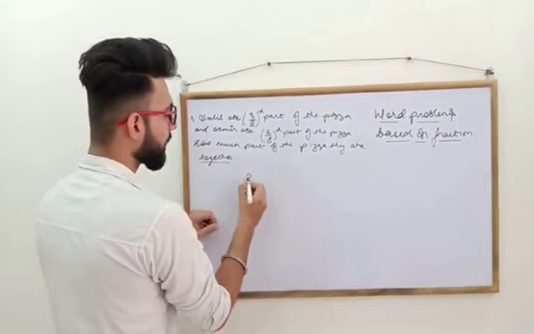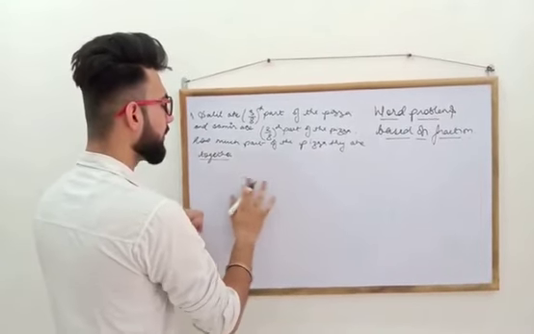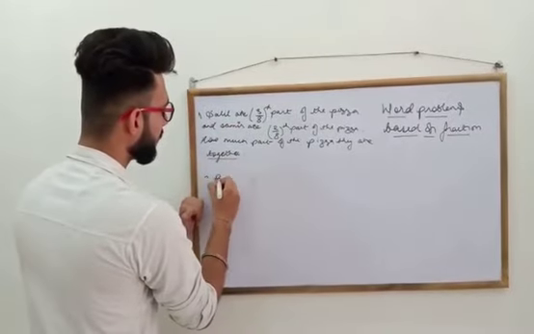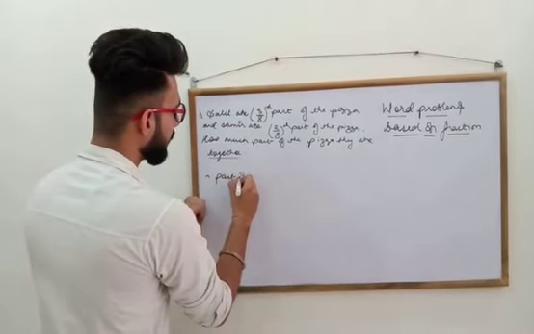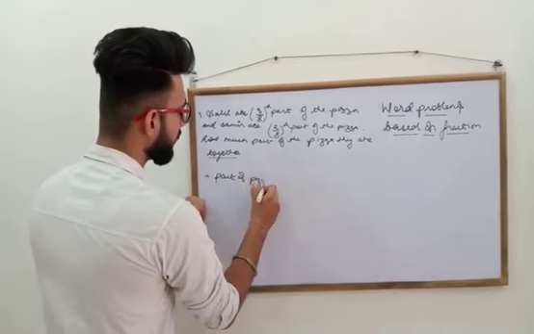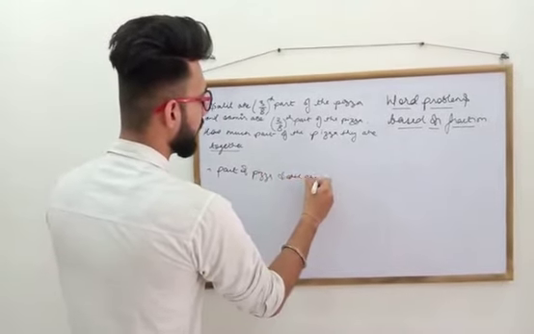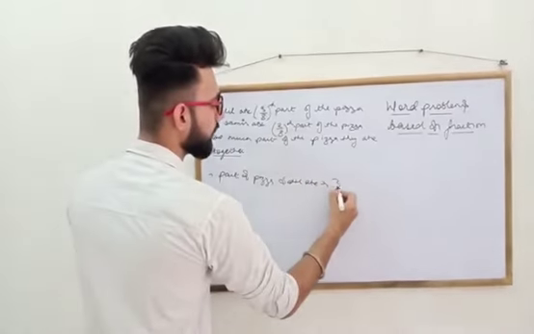So normal addition. We'll do it statement wise, okay? Part of the pizza Salil ate is 3/8.